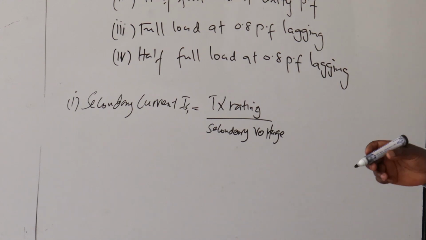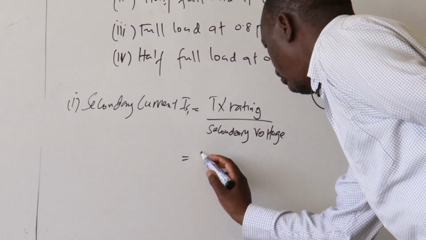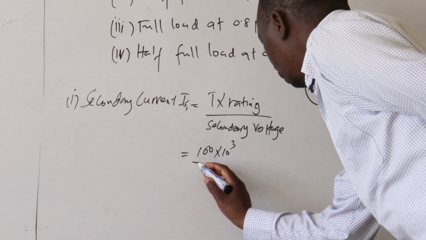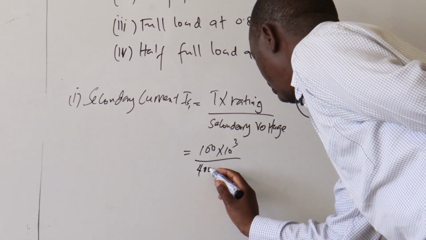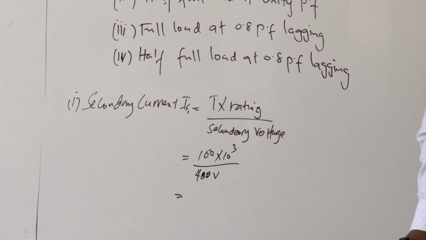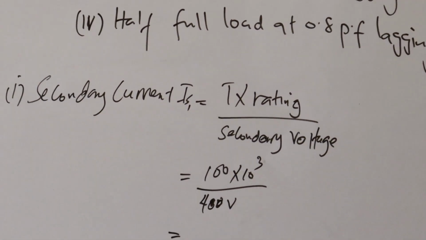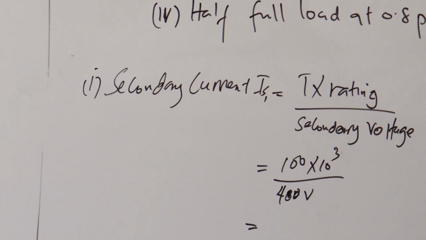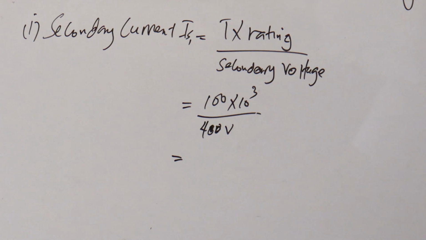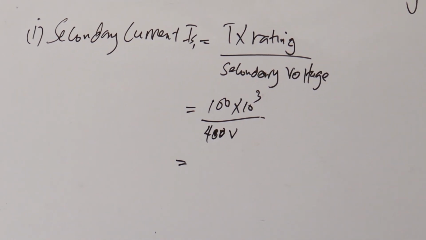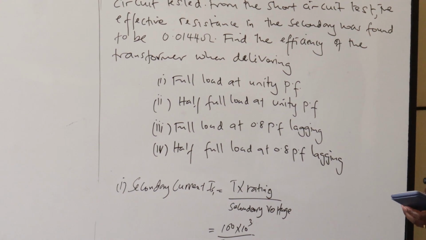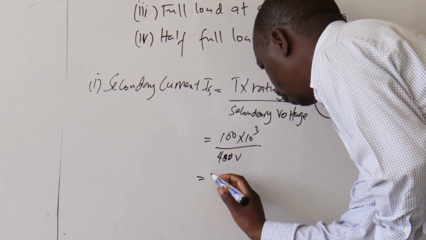The transformer rating is 100 times 10 power 3, because it's kVA, and the secondary voltage is 400 volts. So we divide 100 times 10 power 3 by 400 volts, and we shall get 250 amps.